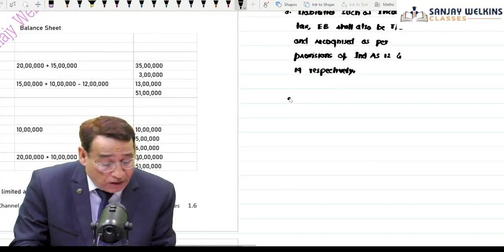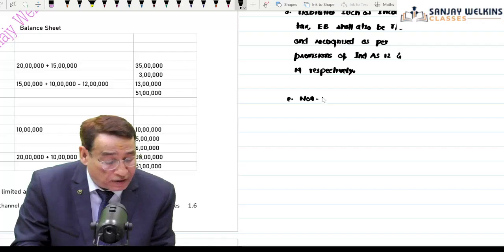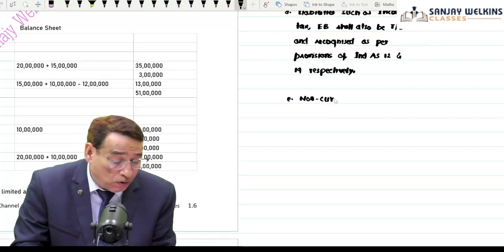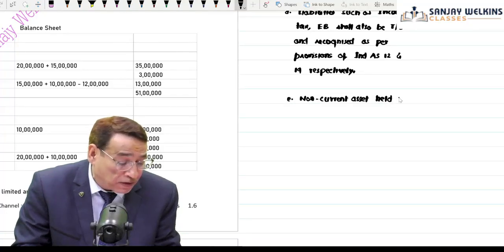Then E. Non-current assets held for sale. Actually, non-current assets held for sale are governed by Ind AS 105.